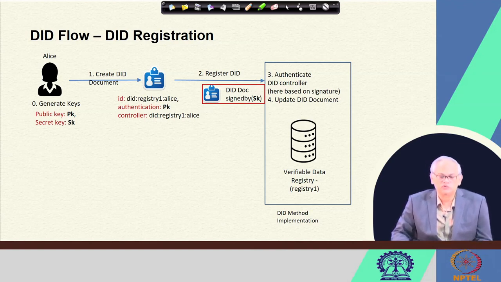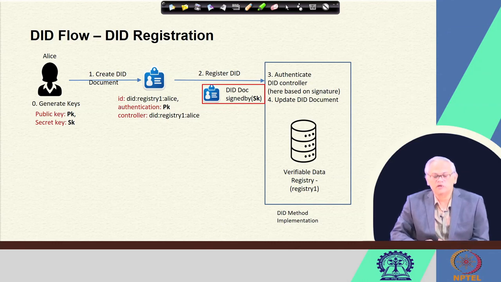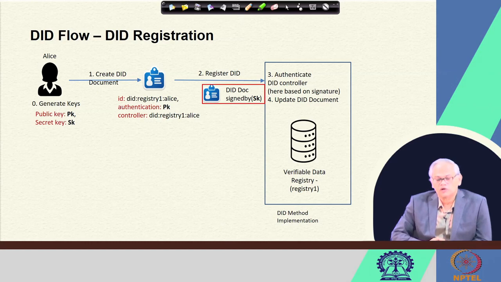Then step 2 is the registering of the DID, and this DID document is signed by the secret key of the controller. That is now stored in the verifiable data registry, and then one can authenticate the DID controller by means of the public key using the digital signature.